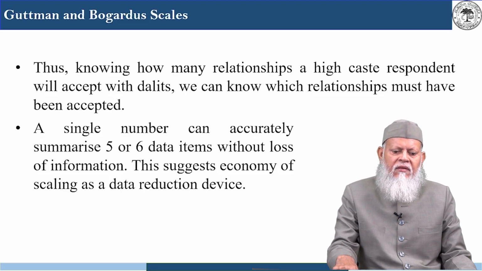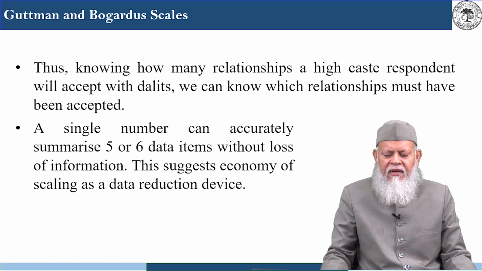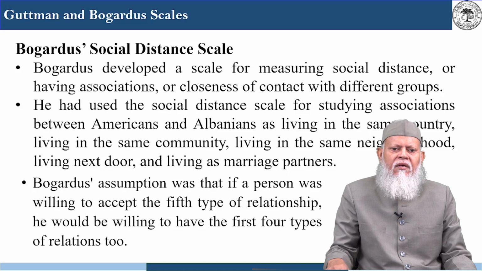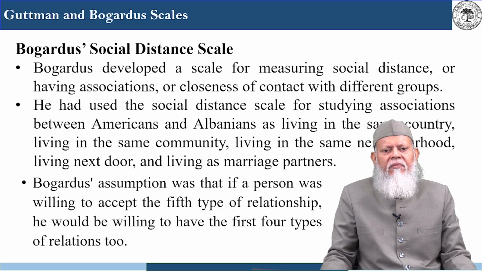So, the Bogardus scale is a very important scale which studies the social distance between two groups, between communities, between the various types of research problems that we have been given to take up.